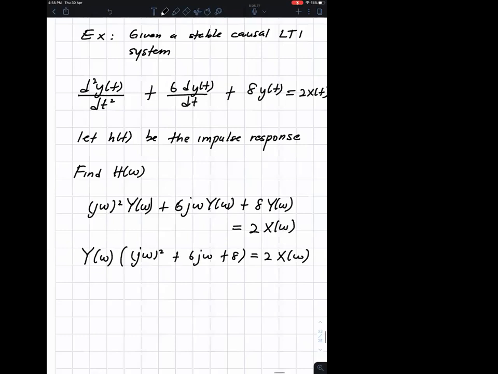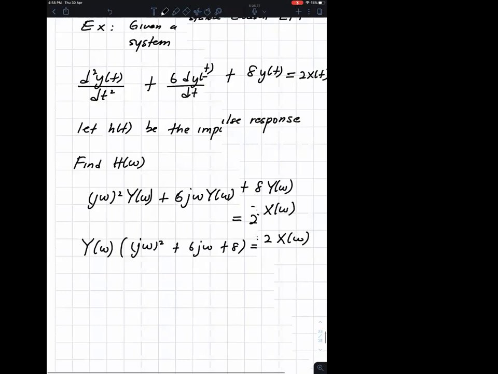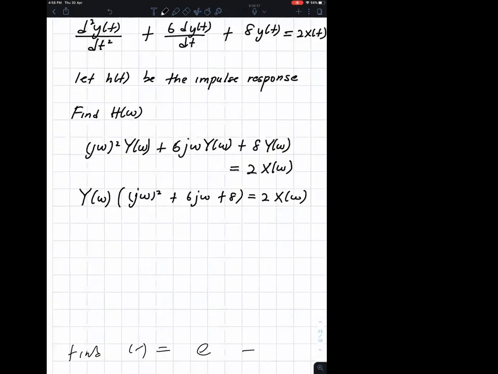So H omega is the frequency response, which is equal to the output divided by the input. And that's going to be equal to 2 over j omega squared plus 6j omega plus 8, right?